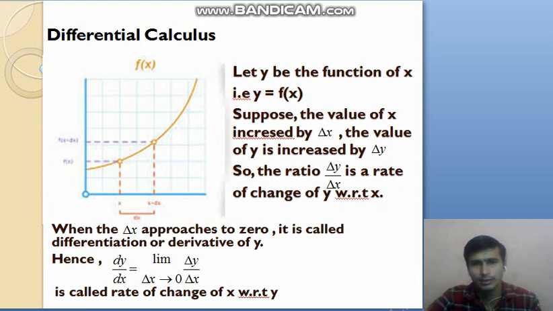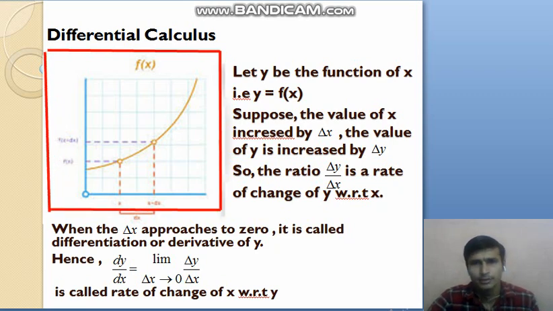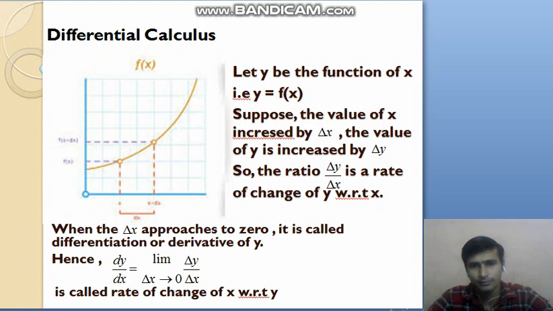So let us take one graph here, a function of x, right? So let y be a function of x and y changes as shown in the graph. As shown in the graph, as the value of x increases, the value of y also increases.